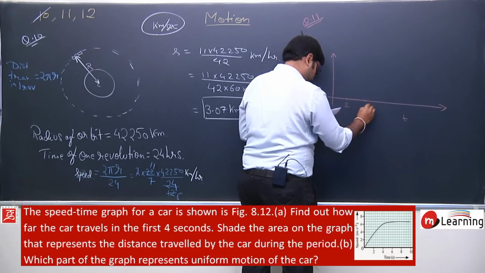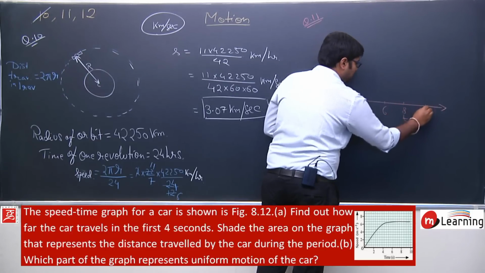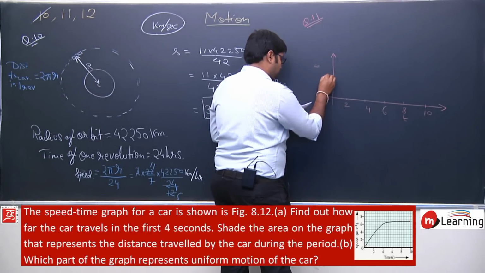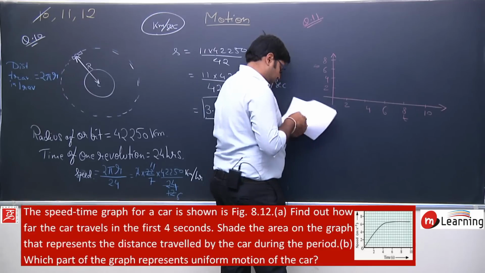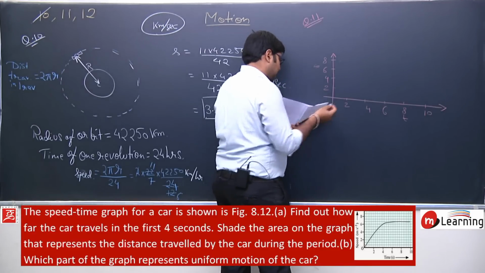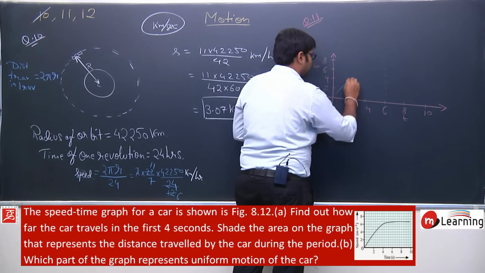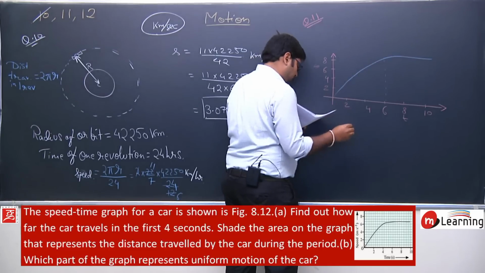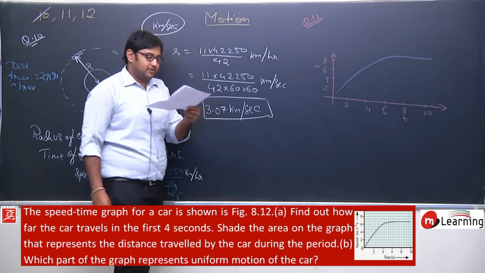This is 2, 4, 6, 8 and 10, and here we have 2, 4, 6 and 8, and the graph is something like this.